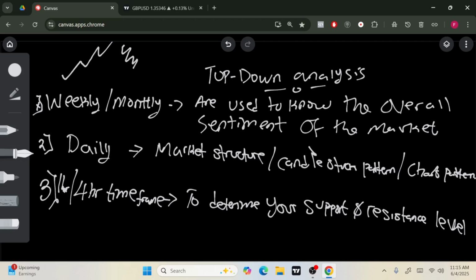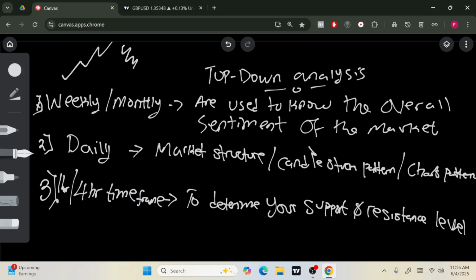I followed his kind of top-down analysis, adding my own to it. So once you start trading and you are getting familiar with the forex market and all, you can formulate yours too. Do you get it now? Because top-down analysis is what is subjective.